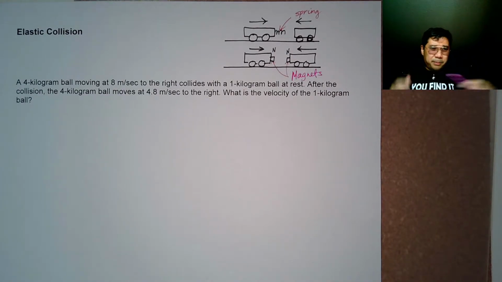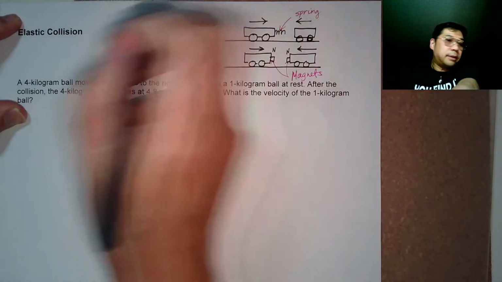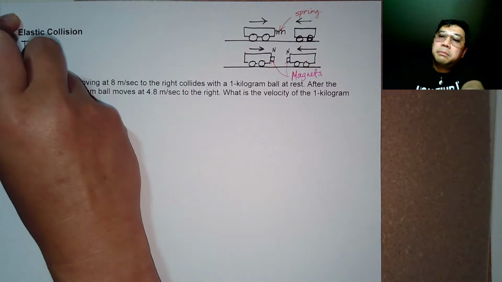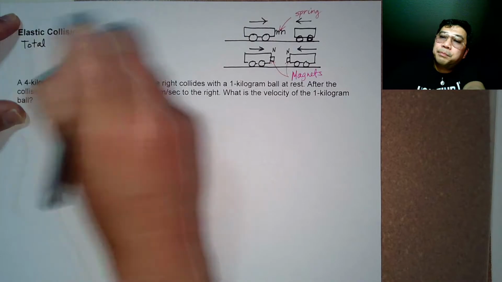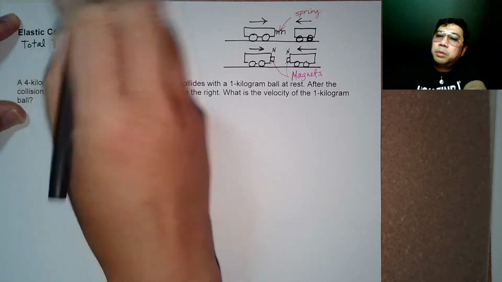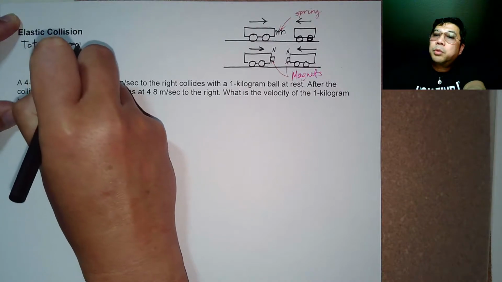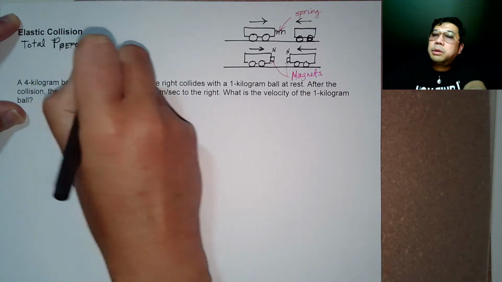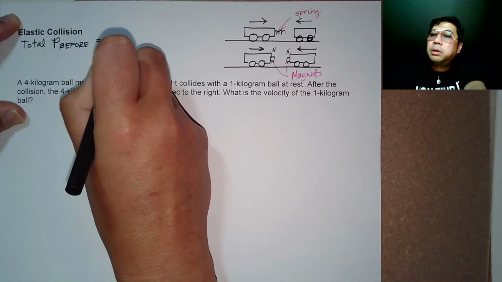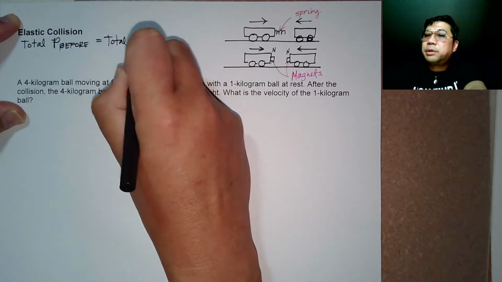Why did I say it's a perfect collision? Because the first condition for a perfect collision is that the total momentum before collision is equal to the total momentum after collision.